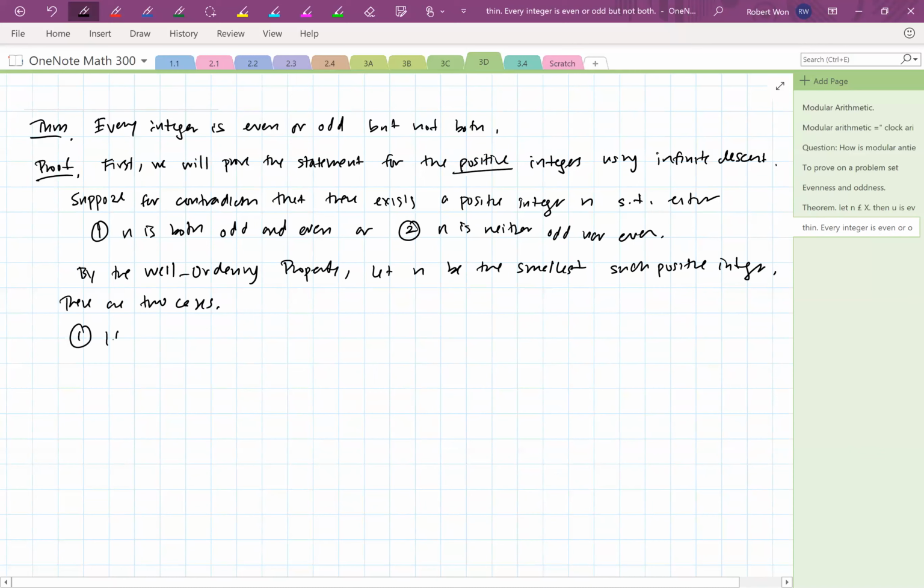Case one: if n is both odd and even, then by the theorem we just proved, n minus 1 is also both even and odd. The point is that if n is odd, then n minus 1 will be even, and if n is even, then n minus 1 will be odd.